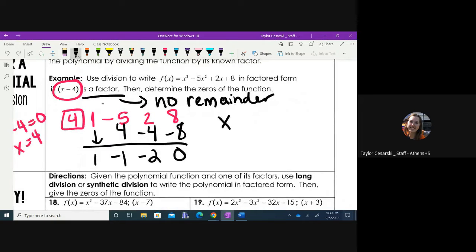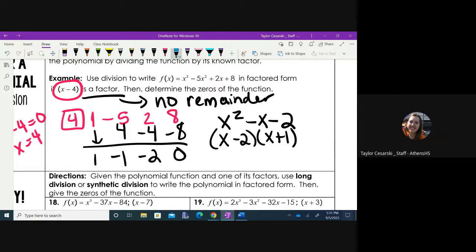So that answer will look like x squared minus x minus 2. Now, this is something that I know how to factor. Two numbers that multiply to negative 2 and add to negative 1 are negative 2 and positive 1. That's how that will factor.